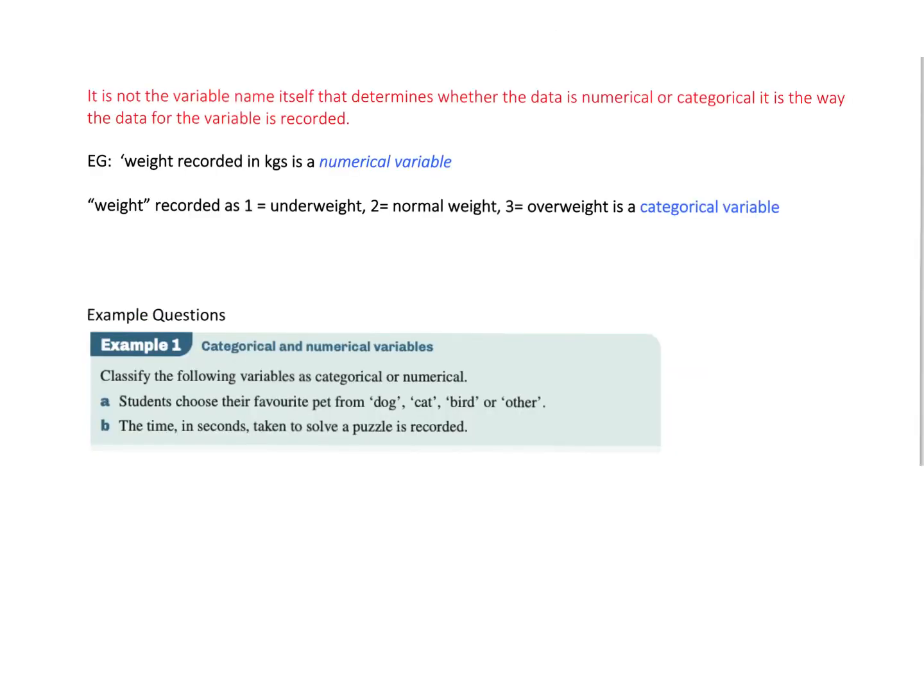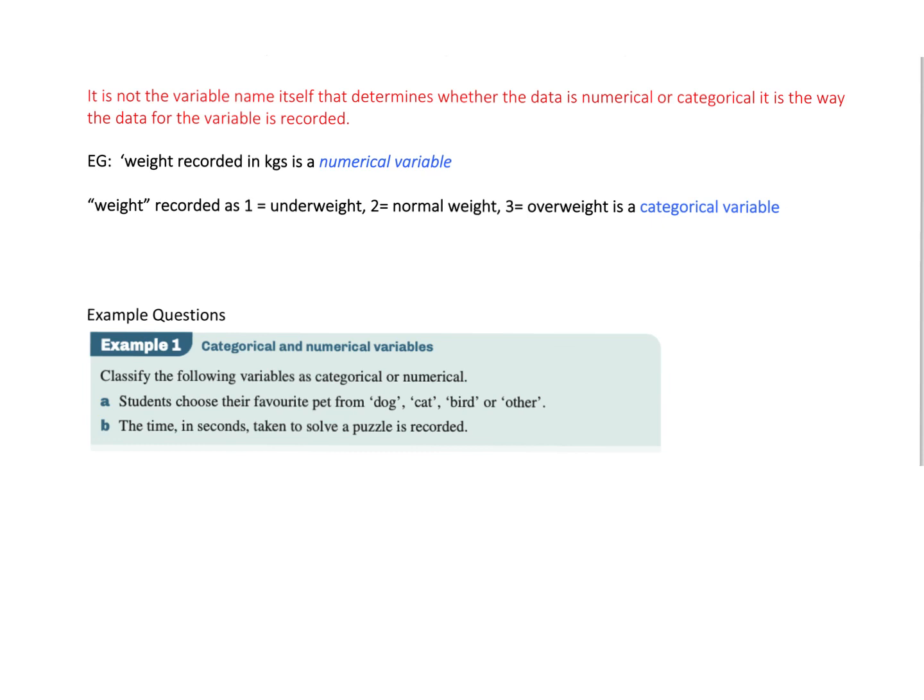Okay, so as I said, it's not the variable name itself that determines whether data is numerical or categorical. It is the way it is recorded. So they said weight recorded in kilograms is a numerical variable. But sometimes, when you're doing a survey, if they said we'll just record people's weight, but we're going to give them a 1 if they're underweight, a 2 if they're normal weight.